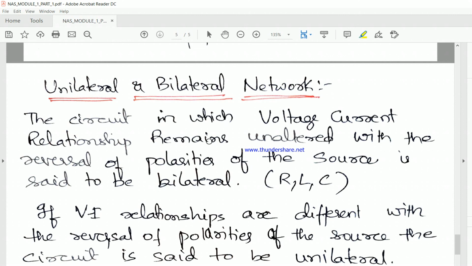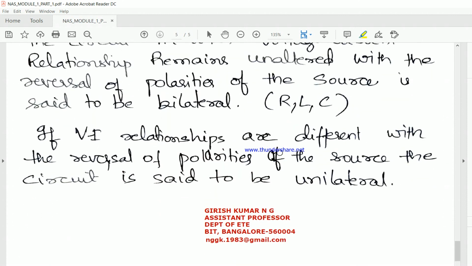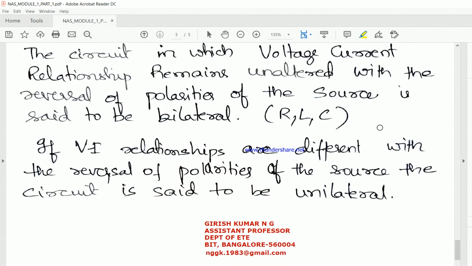Okay, I hope that from this session, whatever I have covered till now, you have got very good knowledge of the different basic electrical laws that we have. First of all, you got the knowledge of what concepts you are going to learn in module 1.